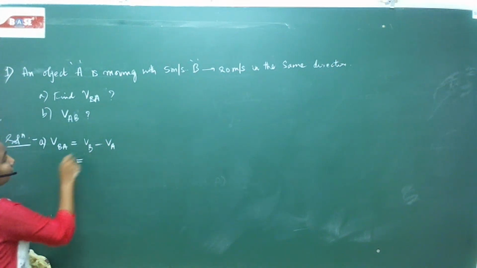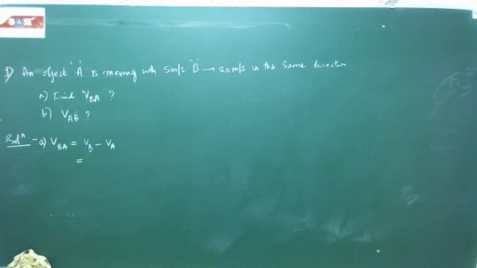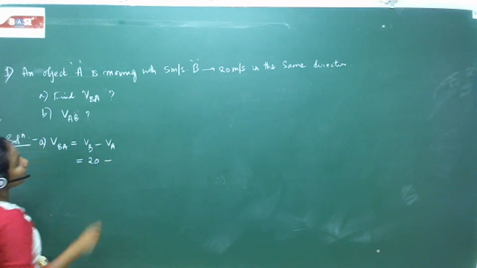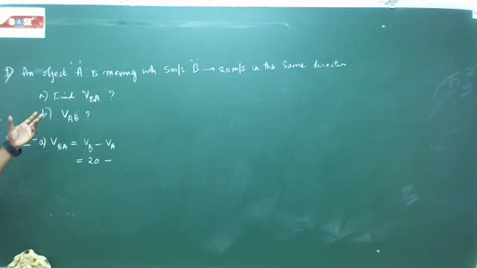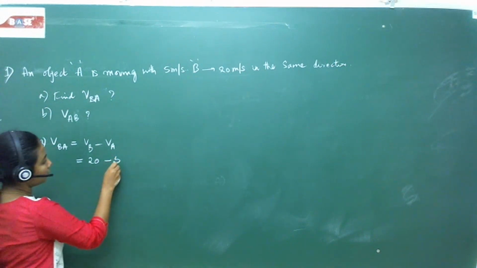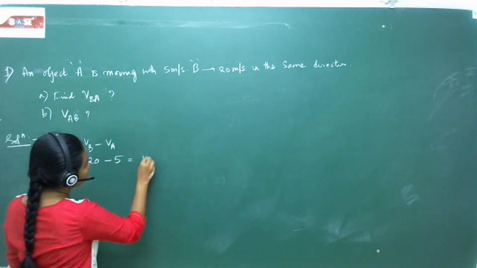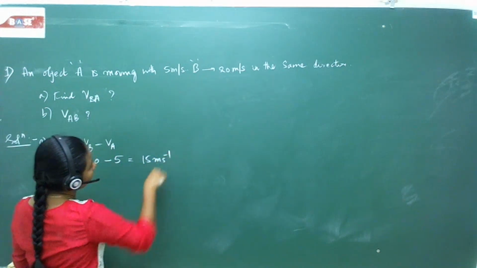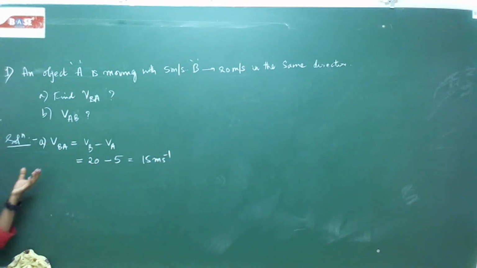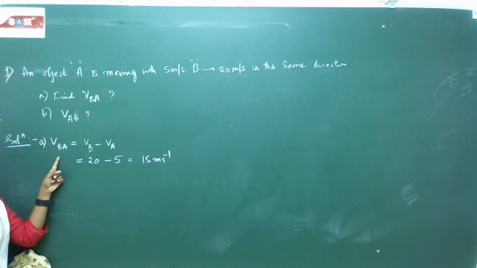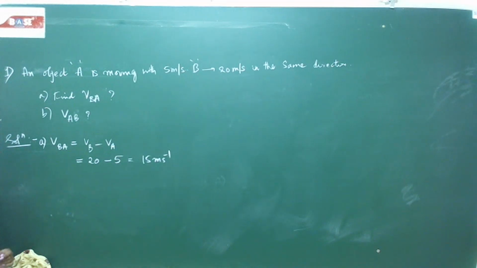So here VB will be 20 meters per second minus VA, which is 5 meters per second. So 20 minus 5 is 15 meters per second. This is the velocity of B with respect to A.